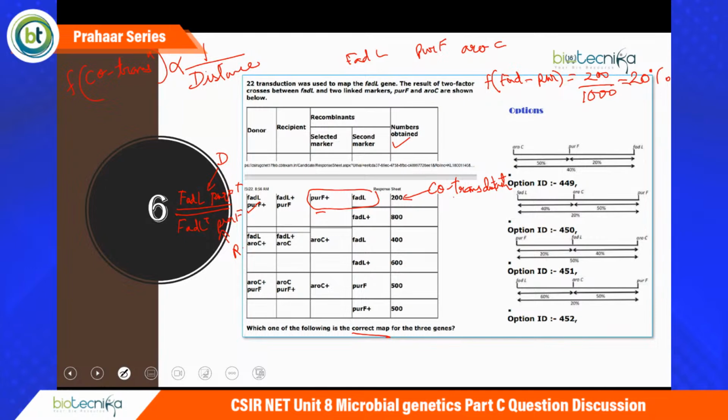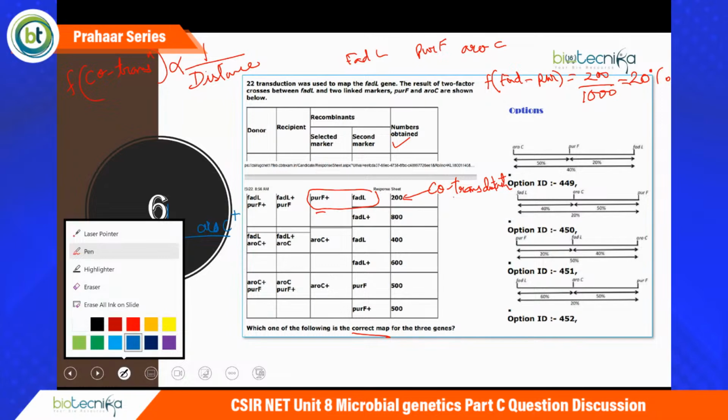Now, in exactly the same way, we have to analyze the other sets as well. In the other set, for better representation, let me write it with two different colors. The donor I am writing in blue, that is FADL and arrow C plus, and the recipient I am writing in red, which is FADL plus and C minus.